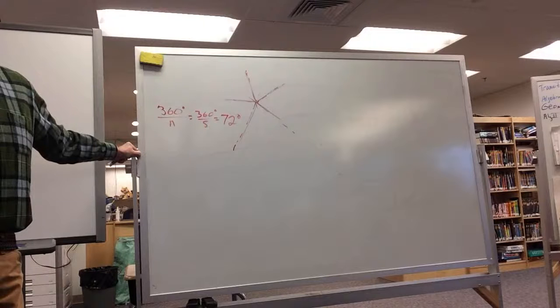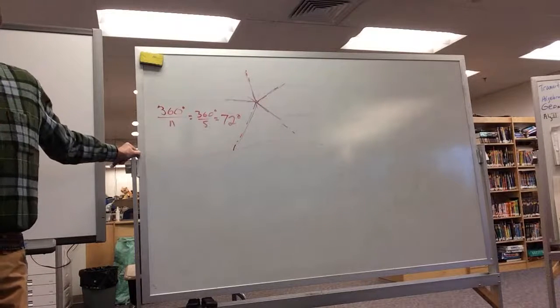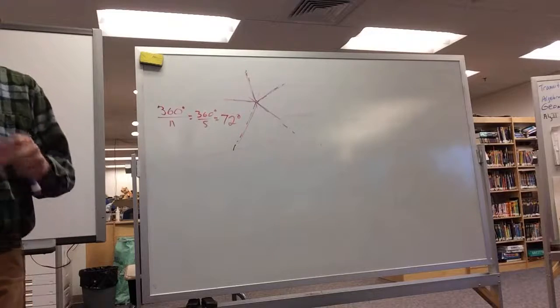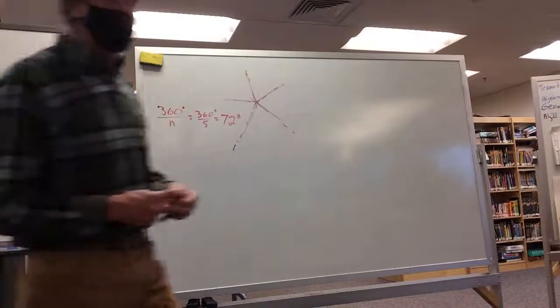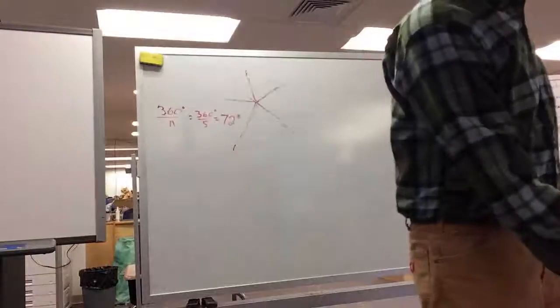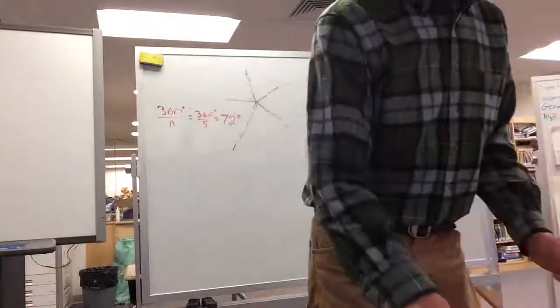So you could say it stops at 72, 144, and keep adding 72 until you get back to 360. That's kind of how it was talked about in middle school. So that's all we're missing from 6-7, I think, that we need to carry forward with. So then we'll go to 6-8.